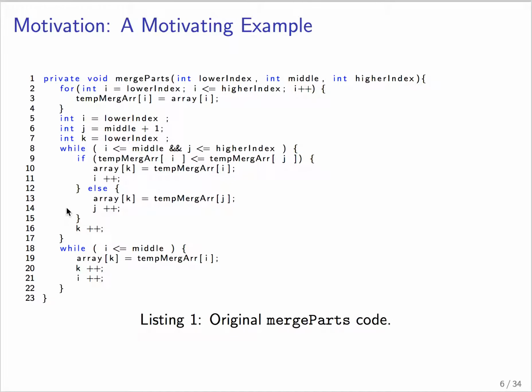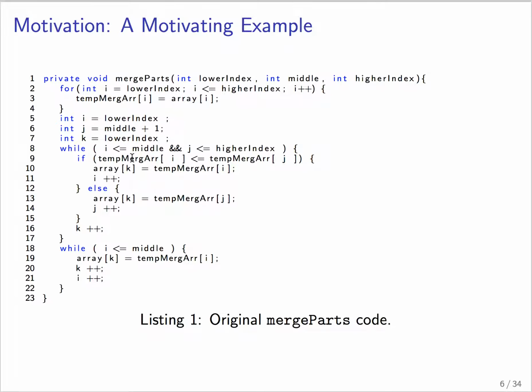Here is an example. This is a very classic function in the famous merge sort algorithm. Given an array storing two sorted arrays, indexed from the lower index to middle and from middle plus 1 to higher index, we want to merge them into a single sorted array. The most important logic in this algorithm is nested inside this while loop.